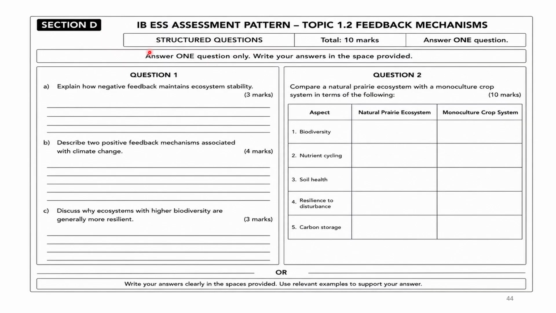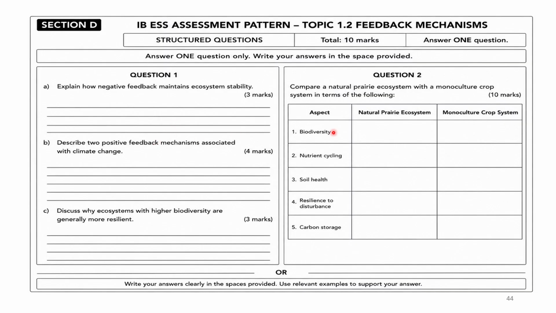This slide introduces Section D, the structured questions. You are required to answer one question only. The first option focuses on explaining negative and positive feedback mechanisms and discussing how biodiversity enhances ecosystem resilience.